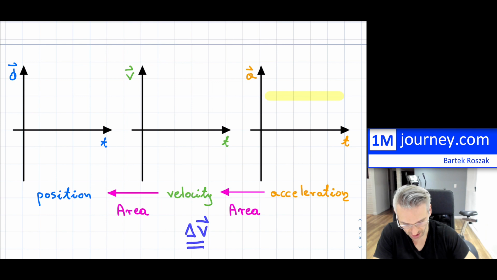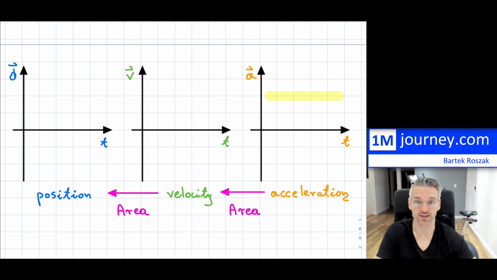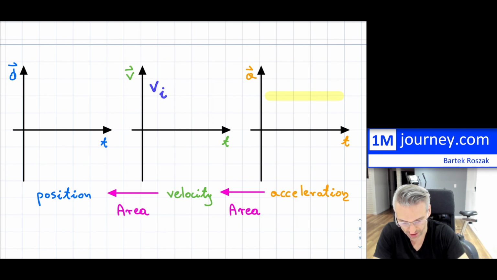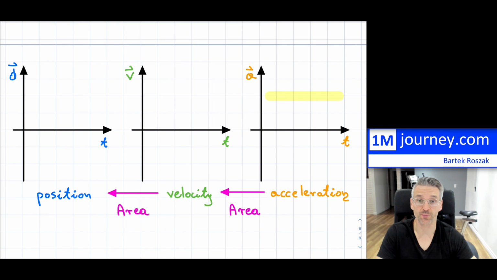It does give you the change in velocity, but it doesn't give you the exact velocities. So you do have to make an assumption that you know what your initial velocity was. If your initial velocity was zero, then the change in velocity is what it is. It's not always zero, and it depends on whatever your teachers give you.